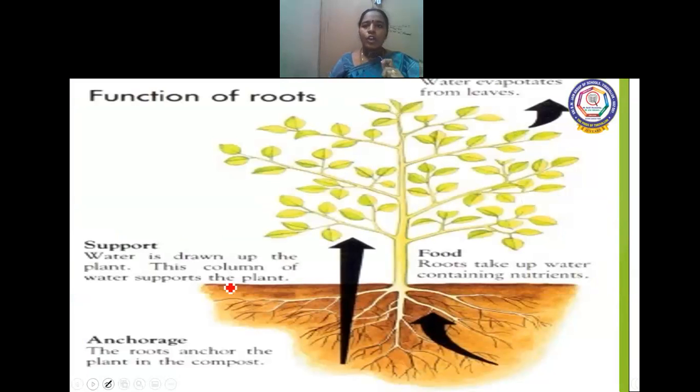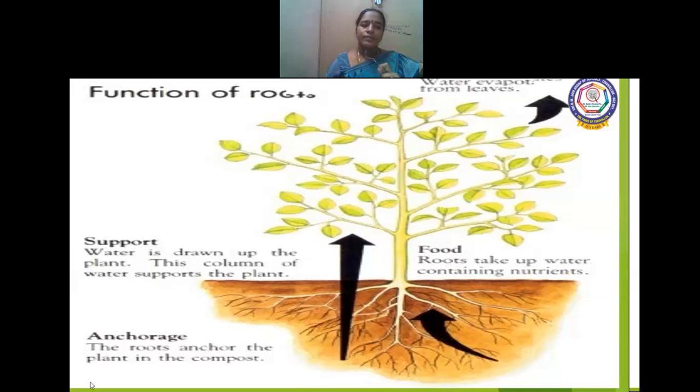Let me see the functions of root. Support: water is drawn up the plant, and this column of water supports the plant. The root helps the plant to be straight, and water evaporates from the leaves. And food: roots take up water containing nutrition.